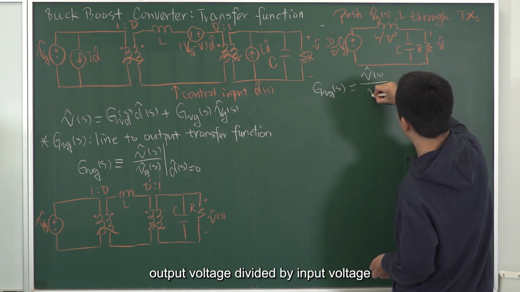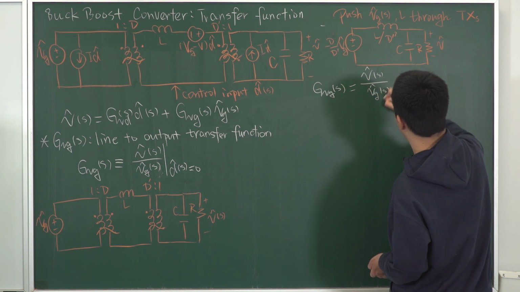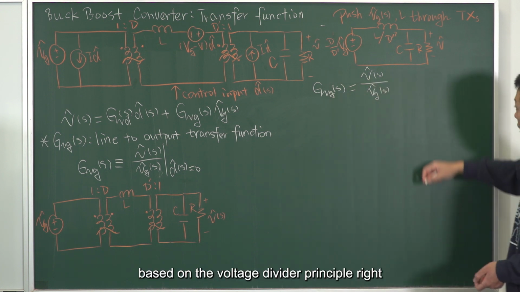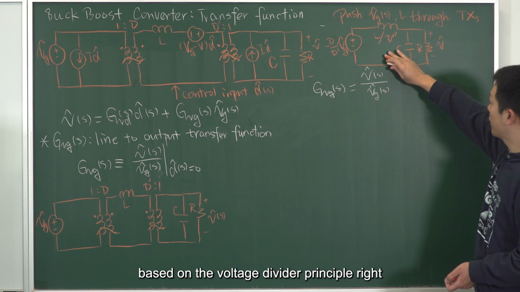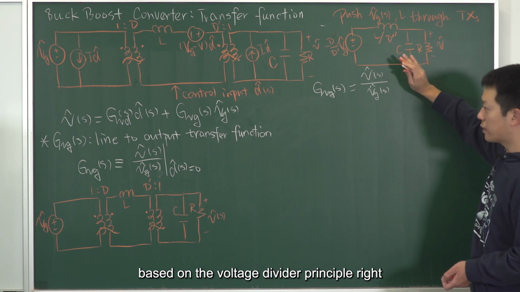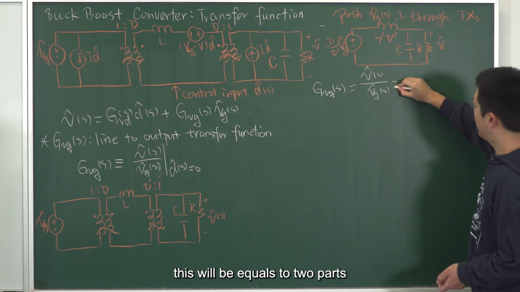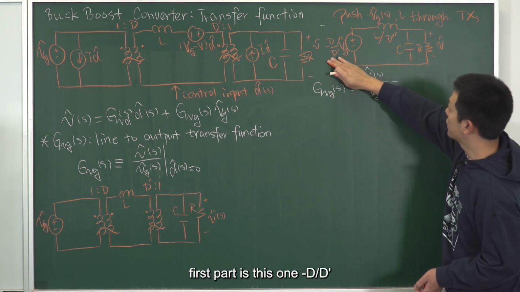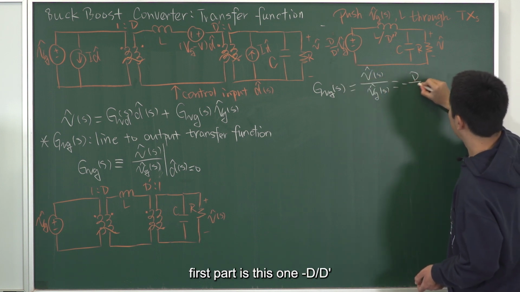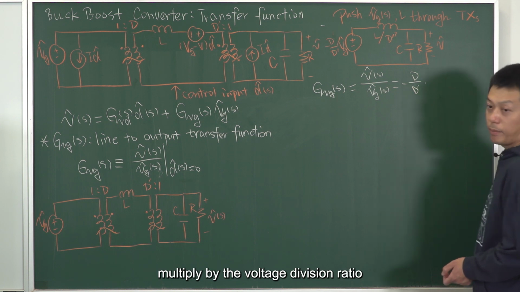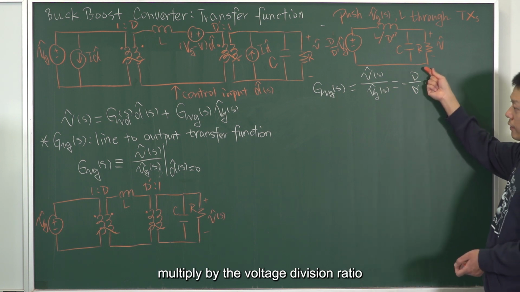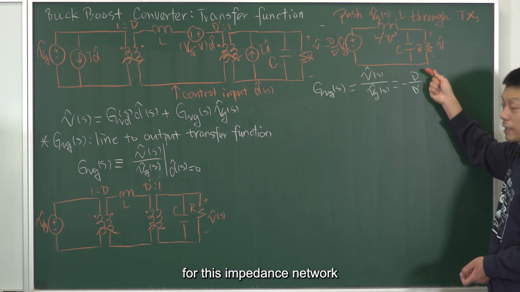output voltage divided by input voltage based on the voltage divider principle, right? This will be equal to two parts. First part is this one, minus d over d prime, multiplied by the voltage division ratio for this impedance network.